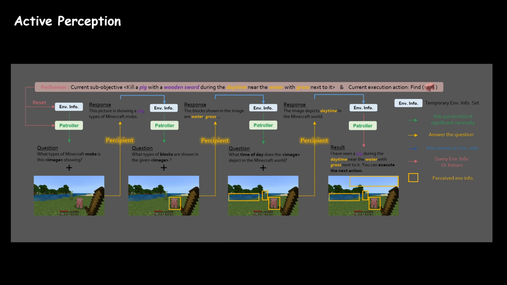After finishing asking all significant necessary questions, patroller will check whether the current execution action is complete by analyzing the current sub-objective with perceived environment information saved in temporary information set. Therefore, complex context-dependent tasks could be solved smoothly.